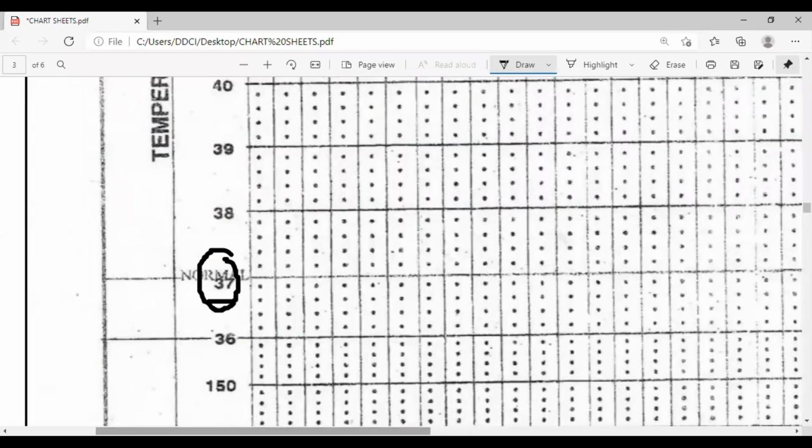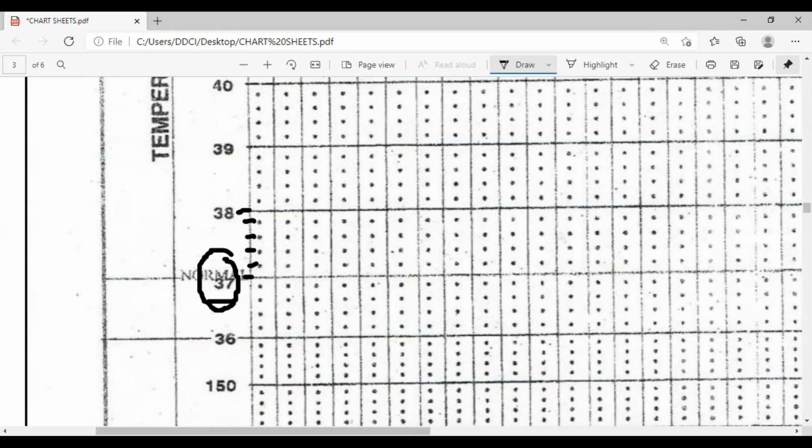So we have here 37. Each dot signifies a 0.2 interval. So this is 37, 37.2, 37.4, 37.6, 37.8, and 38. For example, the patient's temperature is 37.4.